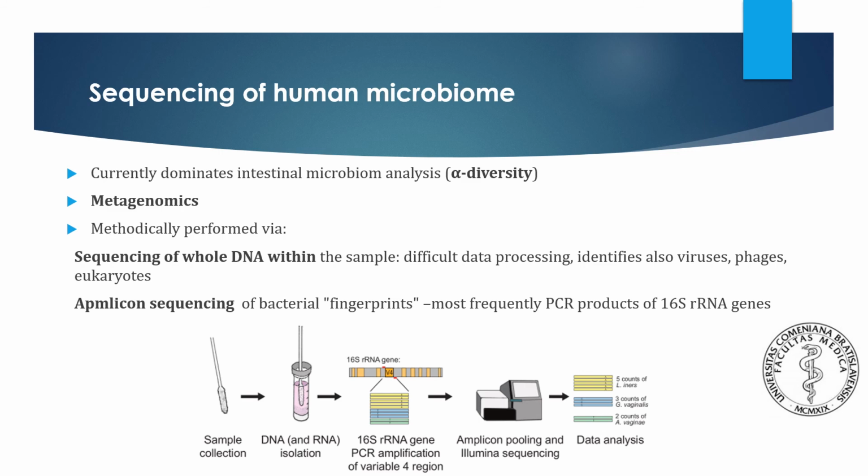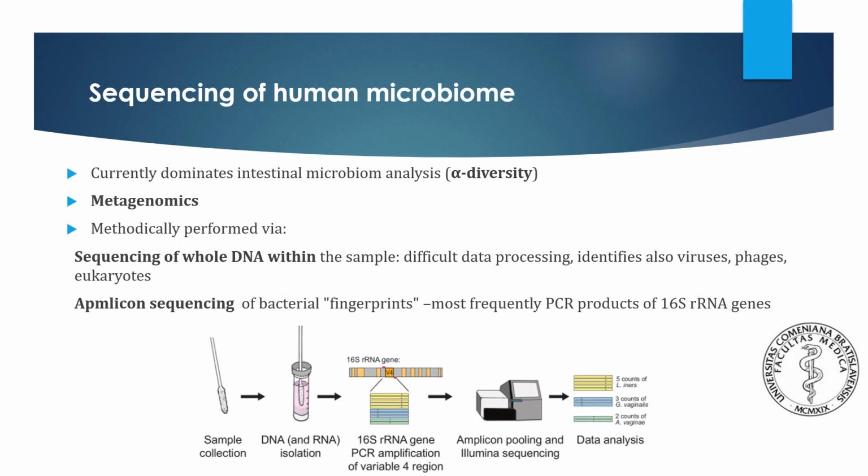On the other hand, again, as with whole genome sequencing and genotyping, there is a parallel, because we have a much more available and, I would say, economical method, and it is amplicon sequencing of so-called bacterial fingerprints, which in 99% of cases are PCR products of 16S rRNA genes.